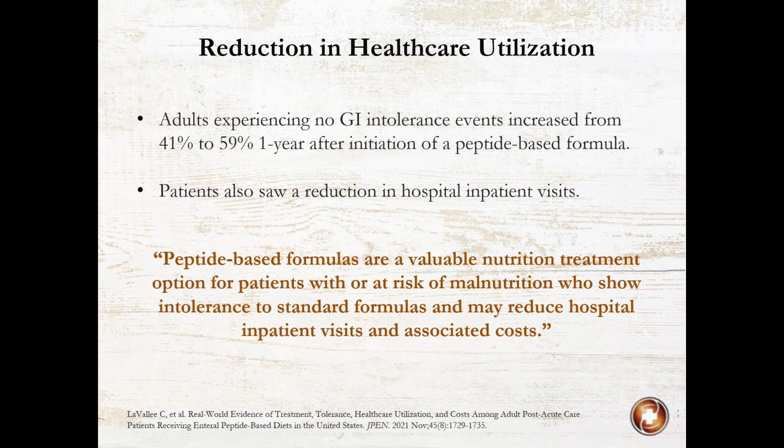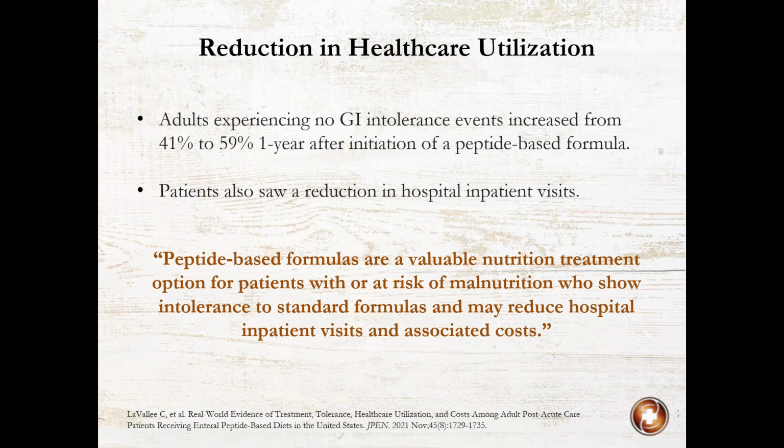So the second study, we're looking at adult patients, and this is in a post-acute setting, home care setting. So after a year of initiation of a peptide-based formula, there was a significant increase in patients having no GI feeding intolerance from 41% to 59%. We also saw a reduction in hospital inpatient visits from 100% to 72%. We saw a decrease of 12.6% in nausea and vomiting, 8.3% in diarrhea, and 8% improved constipation.